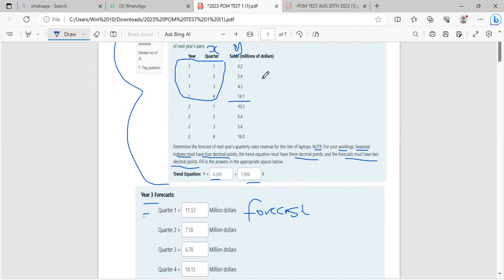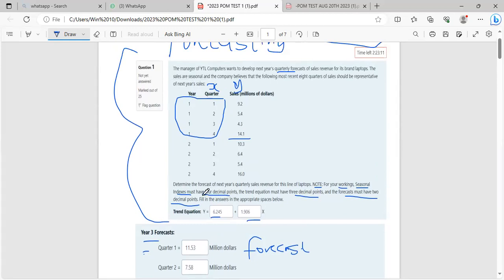We're supposed to use the seasonal indexes to 4 decimal places, because they even mention the 4 decimal places as we deseasonalize the data. So this answer here, there's a bit of a question mark there. This is how this question was supposed to be done.